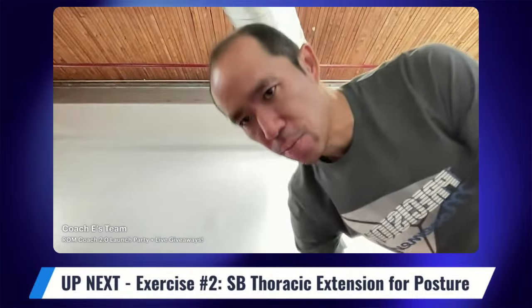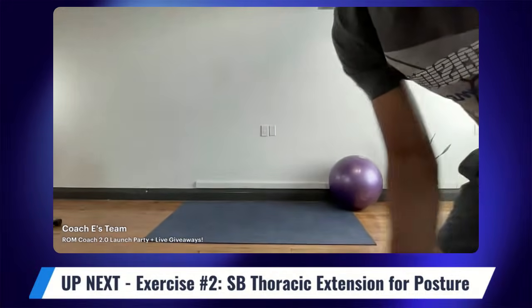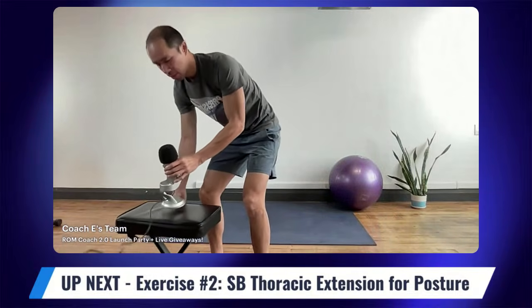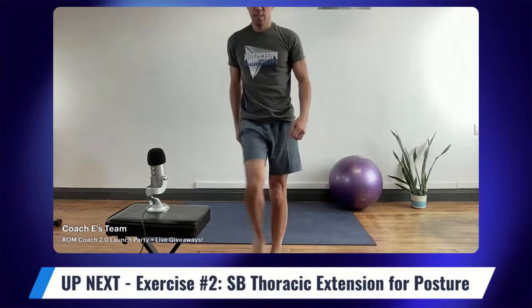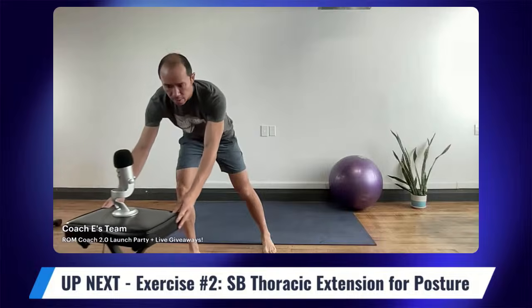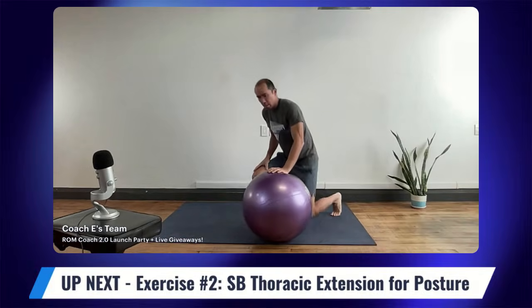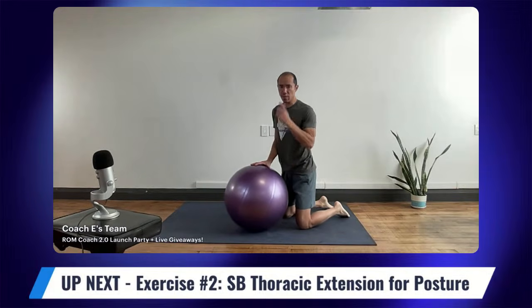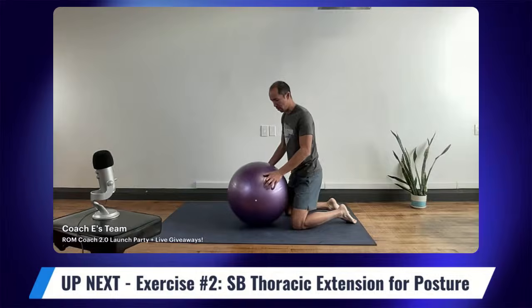So the stability ball thoracic extension for posture and the multifidus muscles. You don't actually have to have a stability ball. It's best on a stability ball, but you could do this off the end of a stool as well. You just do the same cues and get the same intention of the exercise.